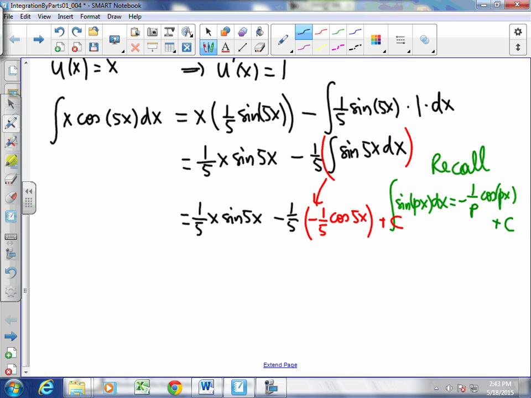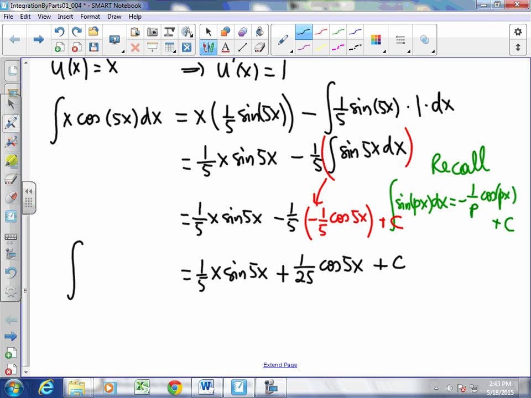So that gave us 1 over 5 x sine of 5x plus 1 over 25 cosine of 5x plus constant. And that is the result of integrating x cosine 5x dx. And this concludes evaluating the given integral.